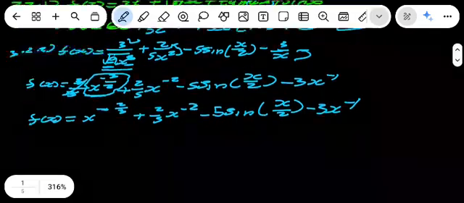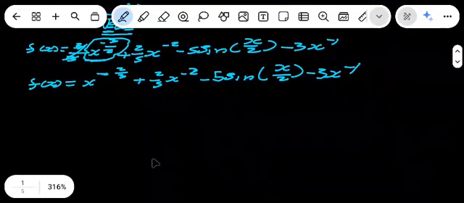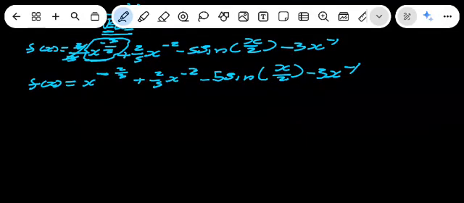Then you differentiate this. Now we can take our f prime.